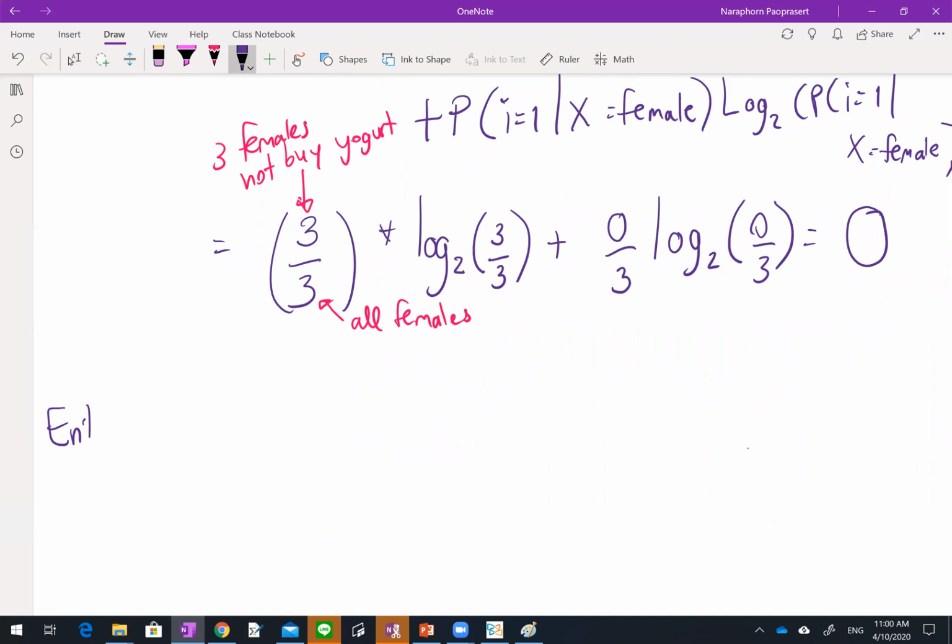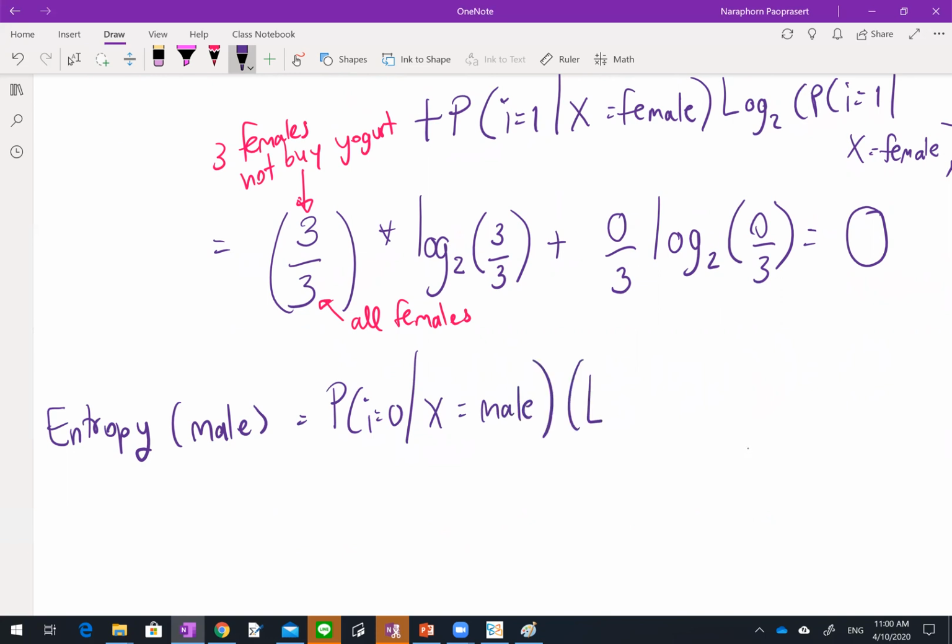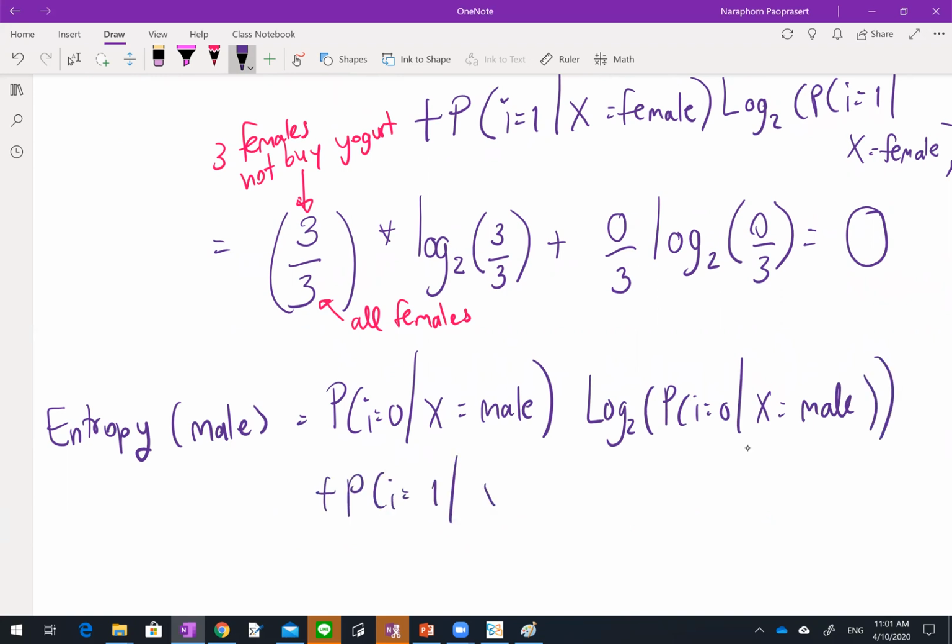Entropy for the male is going to be p(i = 0 | x = male) times log 2 of p(i = 0 | x = male), plus p(i = 1 | x = male) times log 2 of p(i = 1 | x = male).